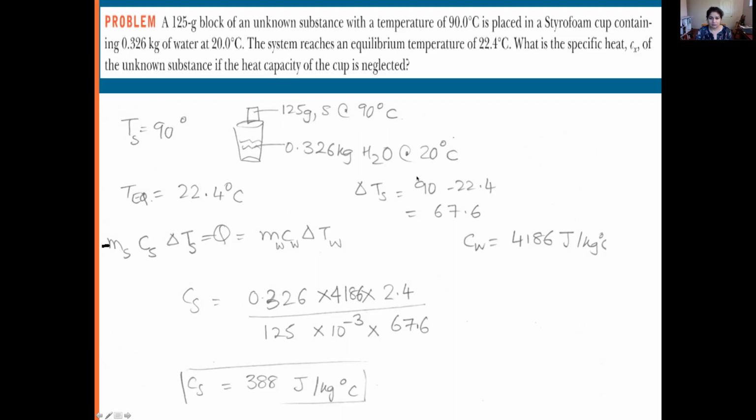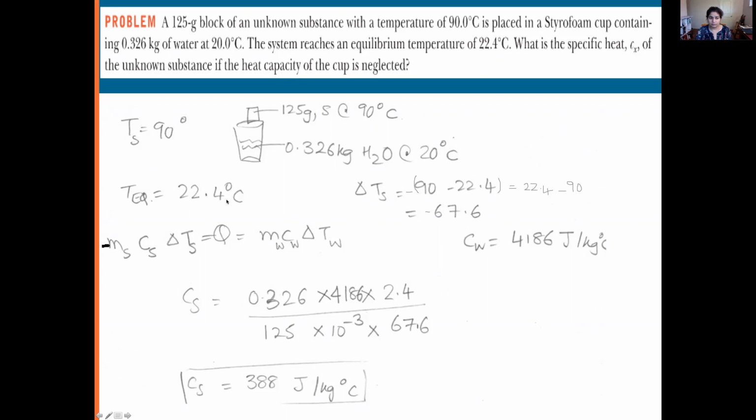This is actually going to be negative of this, right? So T final minus T initial, I should have written this, 22.4, which is the final temperature, minus initial temperature, which is 90. And that gives you negative 67.6, yeah? What about the temperature change for the water?